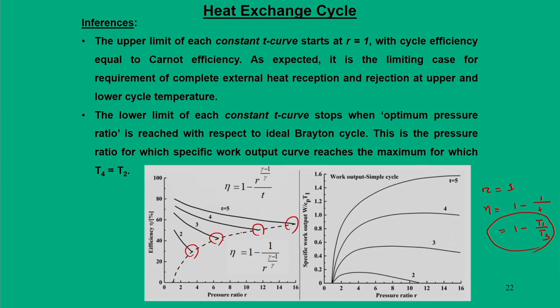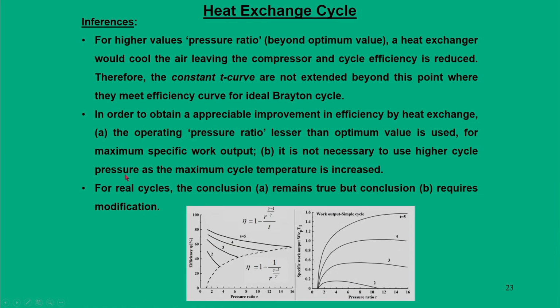These intersecting points we call the optimum pressure ratio, which refers to a situation where the turbine outlet temperature and compressor outlet temperature are equal. For higher values of pressure ratio, beyond the optimum value, the heat exchanger would cool the air leaving the compressor and cycle efficiency is reduced.